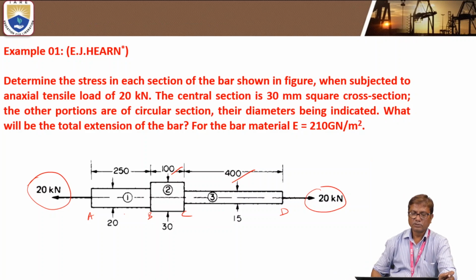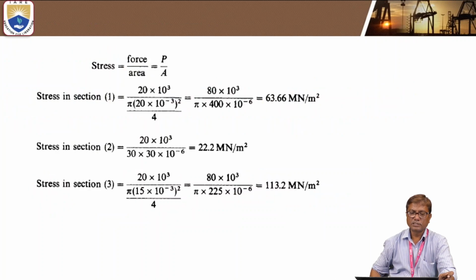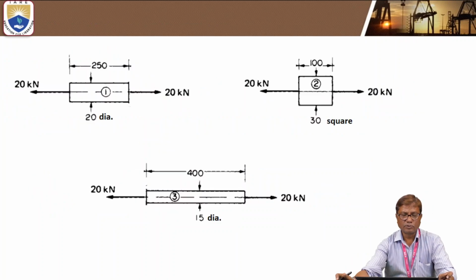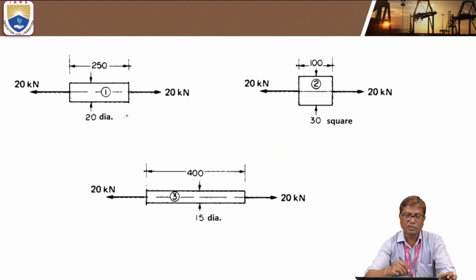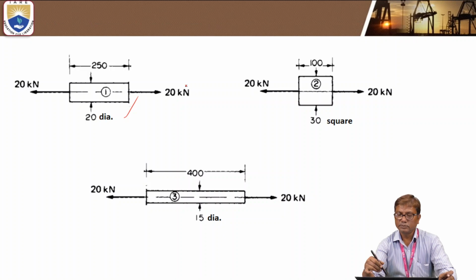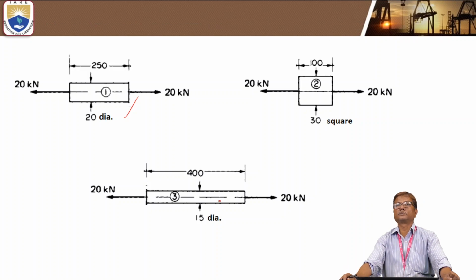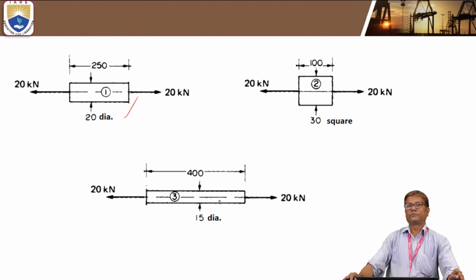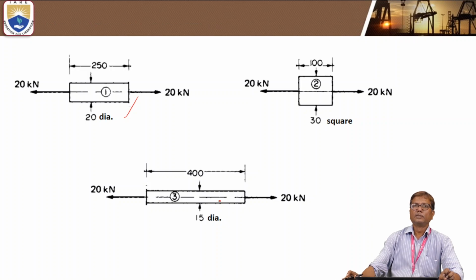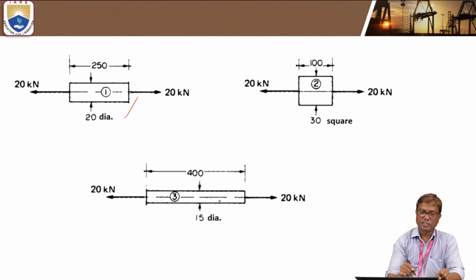Part 1 is subjected to a tensile force of 20 kilonewtons, part 2 also is subjected to the same tensile force, and part 3 also is subjected to a tensile force of 20 kilonewtons. Understand?